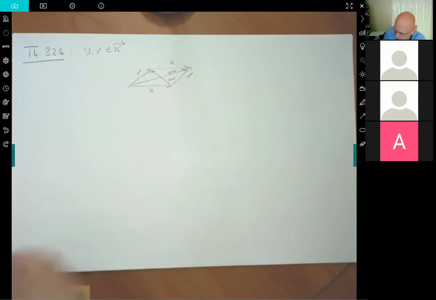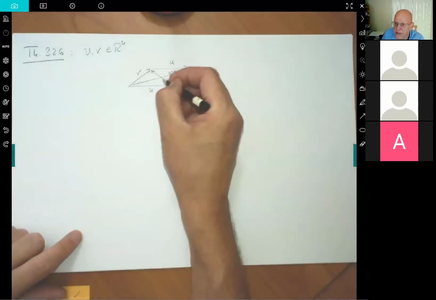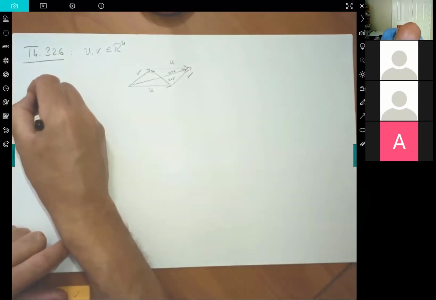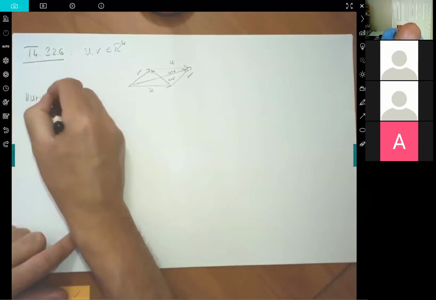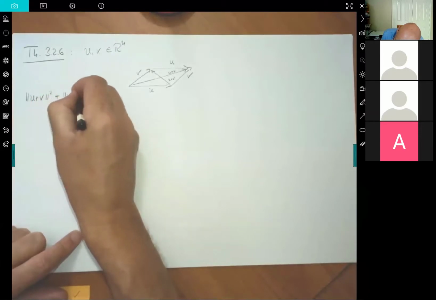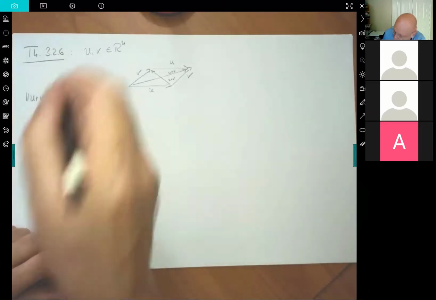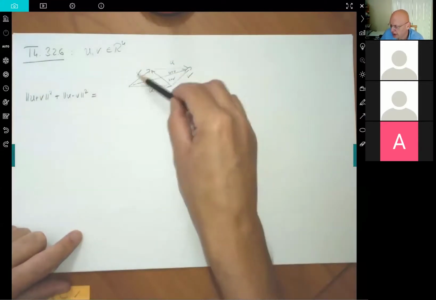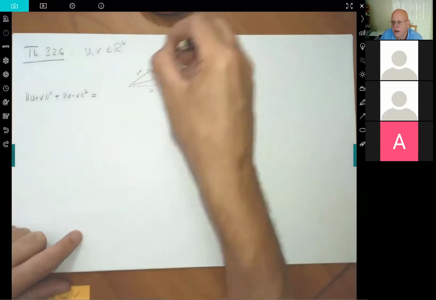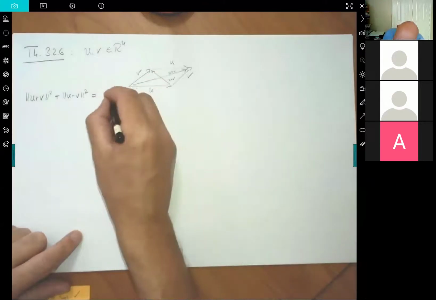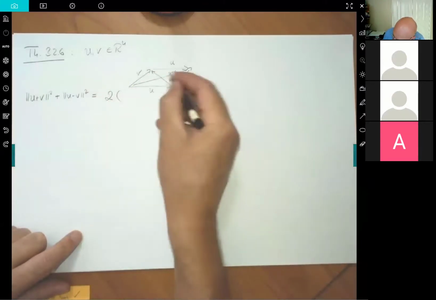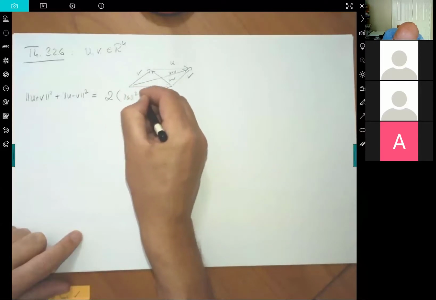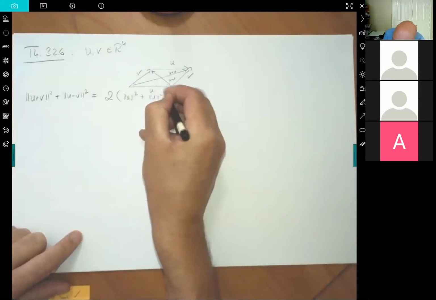So it turns out when you take the sum of the 2 diagonals, you take the length of this squared and the length of this squared, you get just the sum of the squares of all sides. So 2 because u is twice and v is twice.